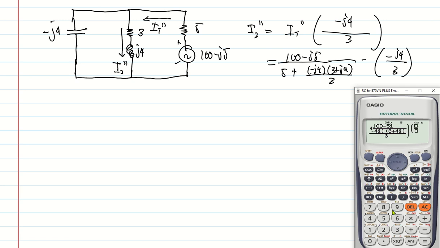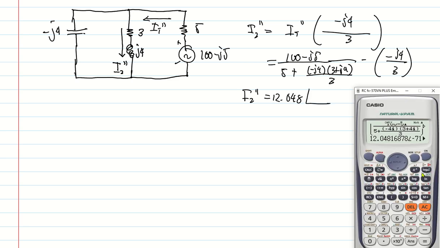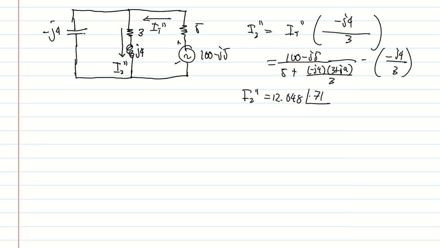We multiply it with the divider, negative j4 all over 3. And this will be equal to 12.048. So I2 double prime is 12.048 angle negative 71.701 degrees amps.